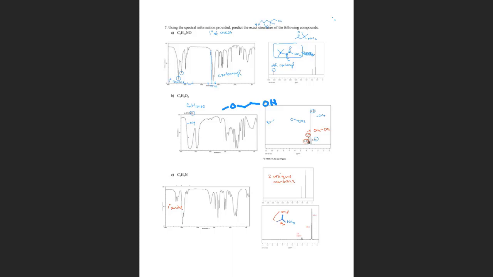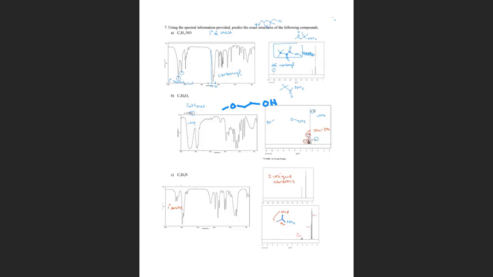And I'm gonna go ahead and give you guys a hint for this one. How about cut the carbon in the middle? Oh, okay. So like this. So that gives us 1, 2, 3, 4, 5, and 1, 2, 3.